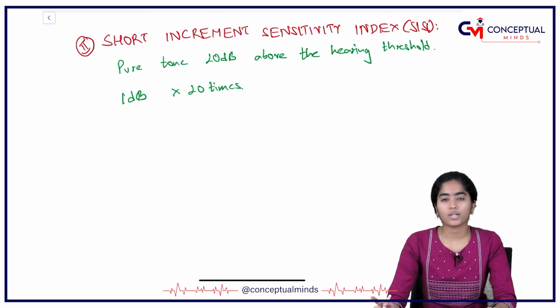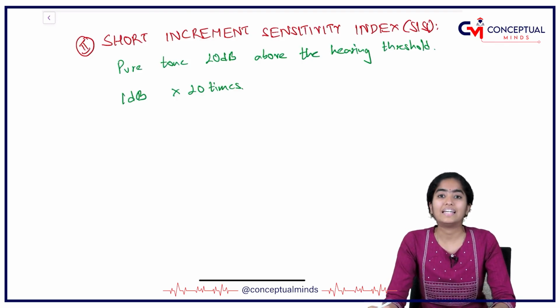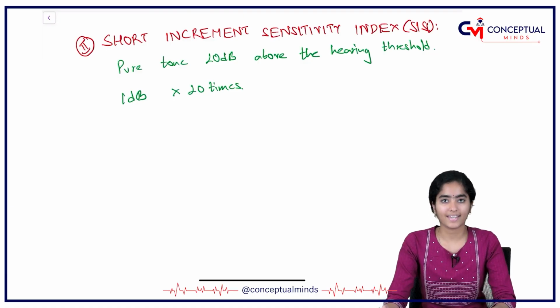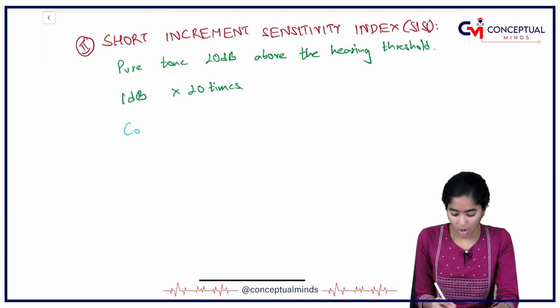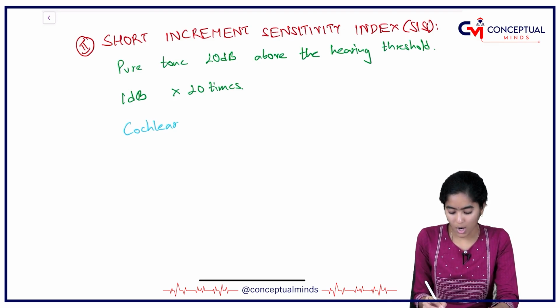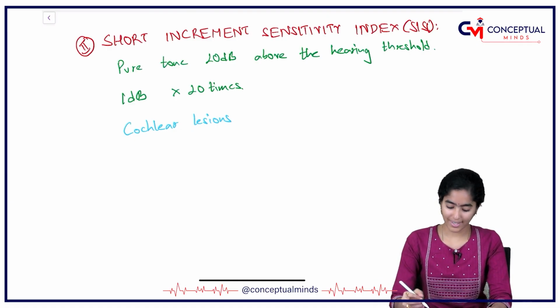But a person with cochlear type of hearing loss is very sensitive to these small increments in sound. This is the short increment sensitivity index test. So it is diagnostic of cochlear lesions. It is positive in cochlear lesions. This is our second special type of test.